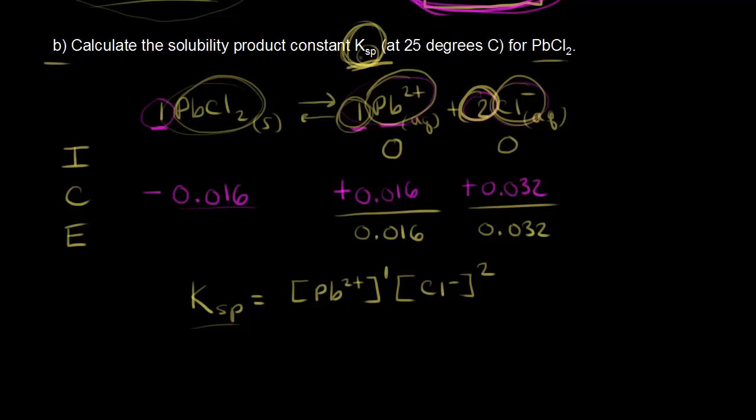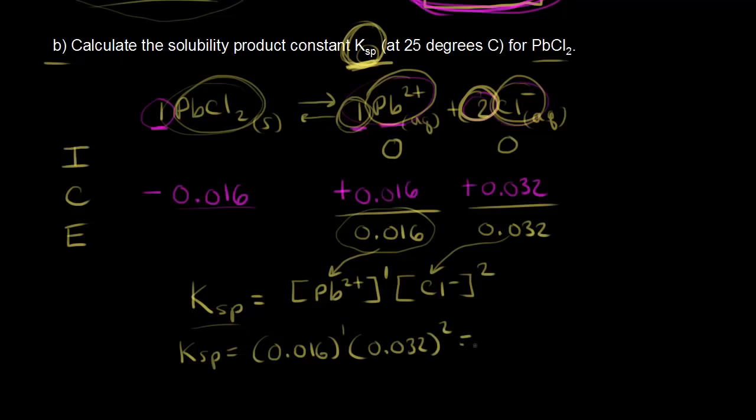And so now we can solve for KSP because we know the equilibrium concentrations of our ions. We can plug these numbers in. So it was 0.016 for lead 2 plus, and it was 0.032 for Cl minus. So we can now solve for KSP. KSP is equal to 0.016 to the first power times 0.032 to the second power.